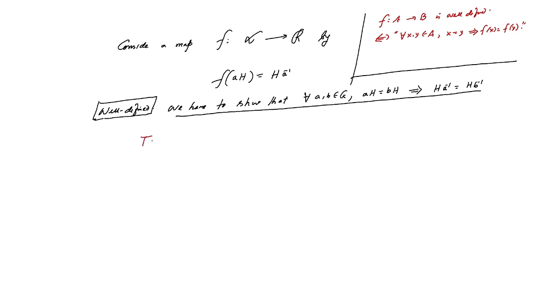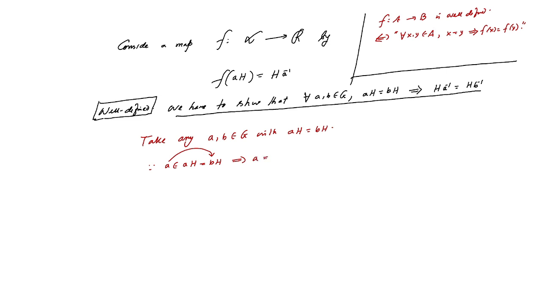So we'll take any a, b belongs to G with aH equals bH. Now since a belongs to aH and aH also equals bH, that means a belongs to bH.